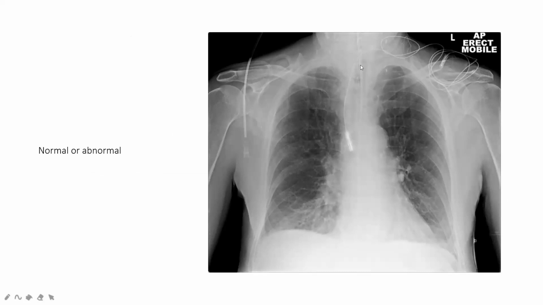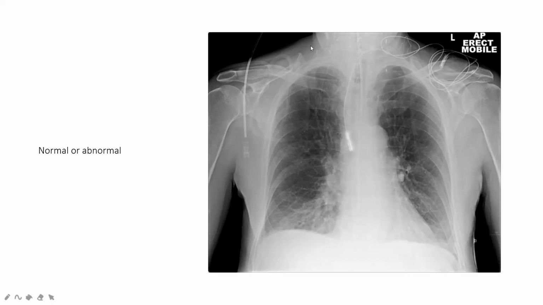Okay, as you can see, the NG tube is crossing in the midline. This is the point of carina, so it is bisecting the carina. It's not really changing course, so that's a good sign.